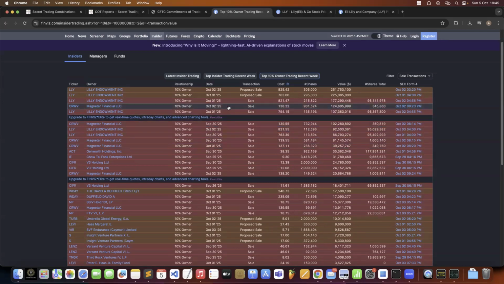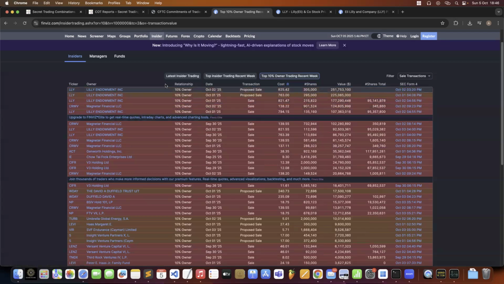So now let's look at this, guys. As I said, we're going to be looking at stocks today. And this company right here, Lilly Endowment, Inc., is, I think, a pharmaceutical company, I believe.